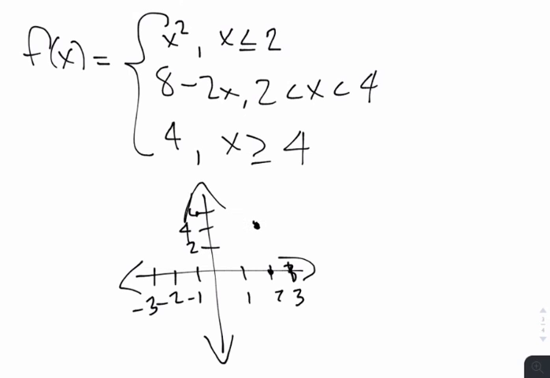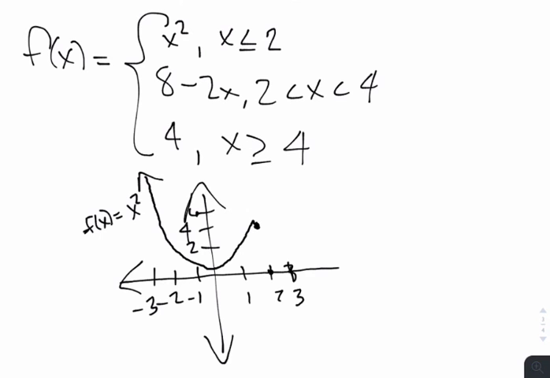And then we need to create the parabola for x squared. So that's going to be f of x equals x squared. And then we need to do 8 minus 2x, which will go down to 4. So let's extend this real quick. So that goes to 4.